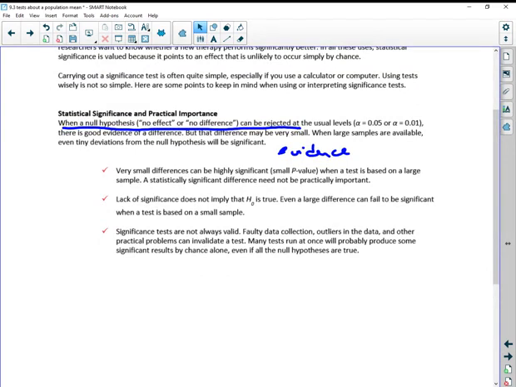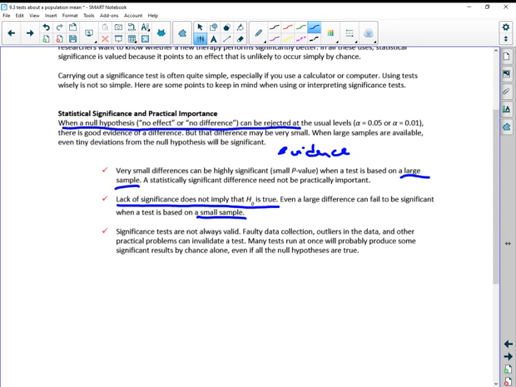A very small difference can be highly significant when a test is based on a large sample. So we always have to look at that and see if it actually makes sense. A lack of significance doesn't mean that your H0 is true. When you have a small sample, it's hard to detect these statistical differences.